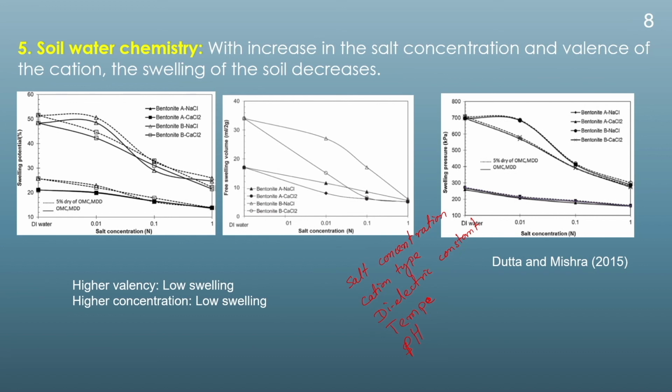These are the different factors which can control the diffuse double layer thickness and consequently the swelling behavior of the soil.